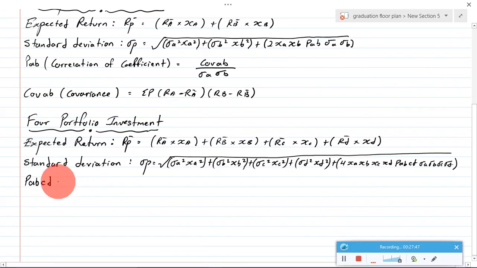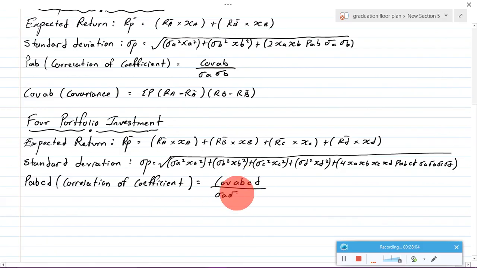So what is this all about? The RP or the RA mean or RB mean is called the expected return. In other words, we call it the mean.